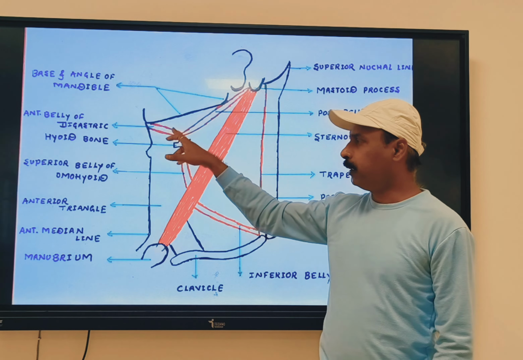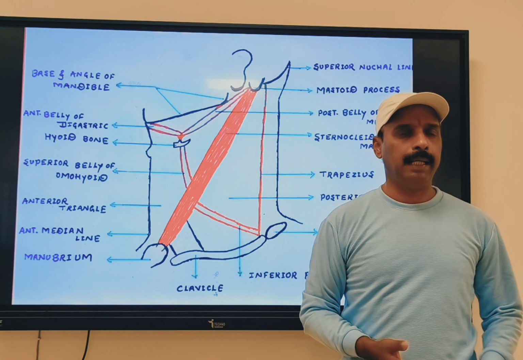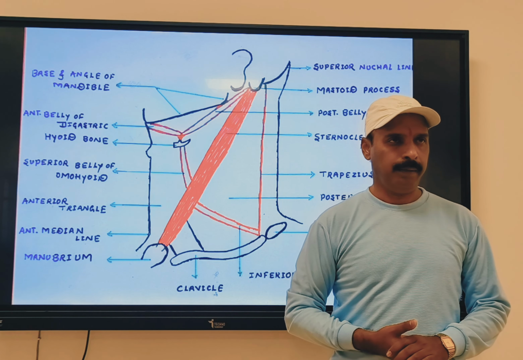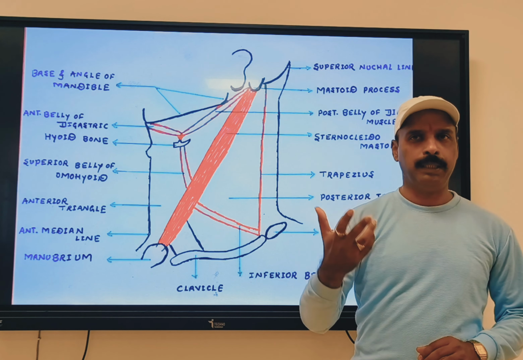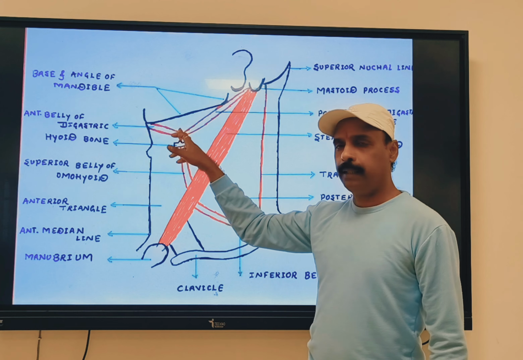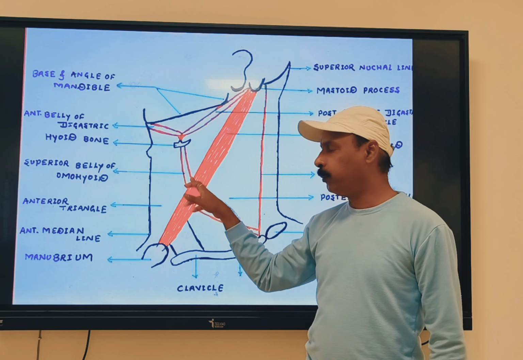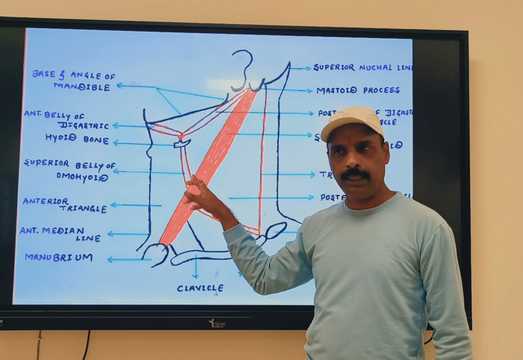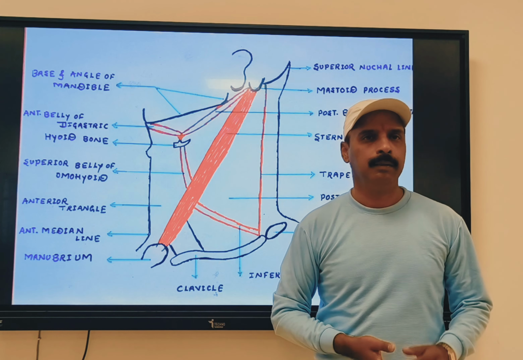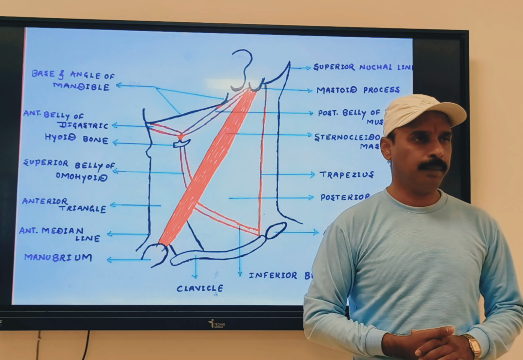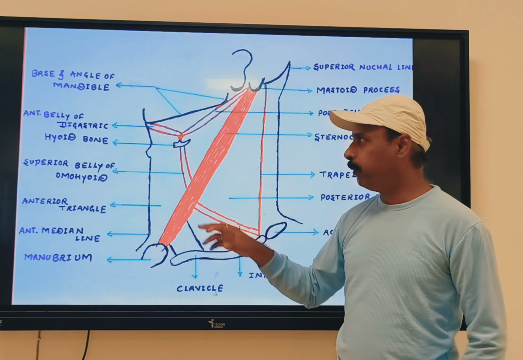I am talking about the subtriangles of the anterior triangle. The anterior triangle is subdivided by two muscles, the anterior belly of the digastric and the superior belly of the omohyoid. These two muscles divide the anterior triangle into four subtriangles. What are those four subtriangles?